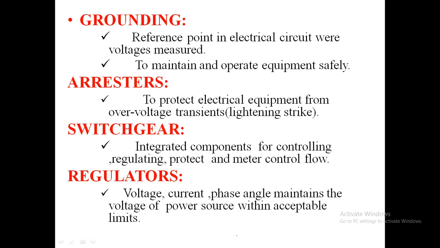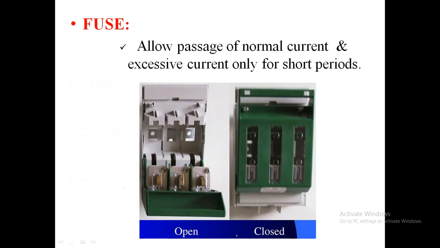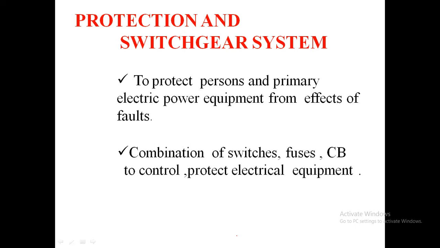The last one is regulators, which regulate voltage, current and phase angle to maintain the voltage of the power source within the limit. Next is the fuse. We are all familiar with the open and closed type. It allows the passage of normal current, and excess current only for short periods.